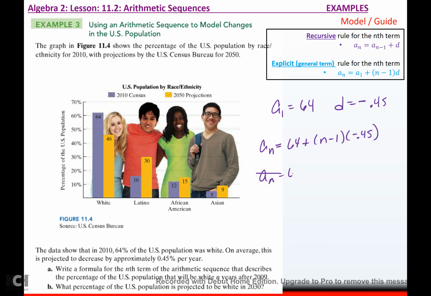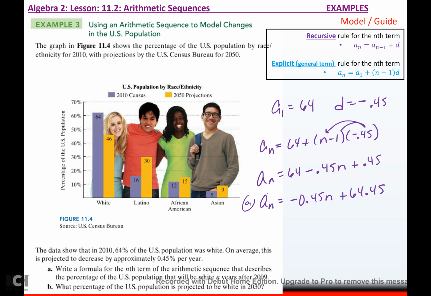So A sub n equals 64 plus, actually minus, because a negative times a positive is negative 0.45n, a negative times a negative is positive plus 0.45. So I have A sub n equals negative 0.45n plus 64.45. Okay? So there's A.